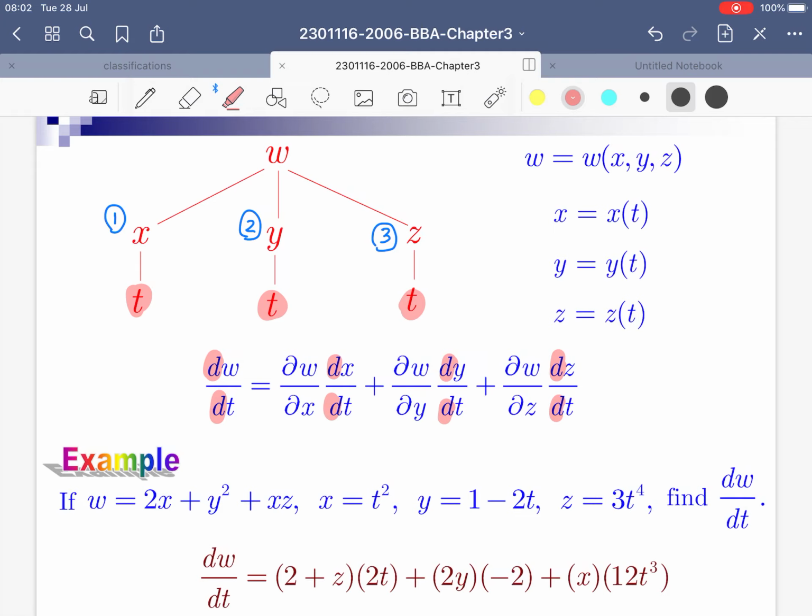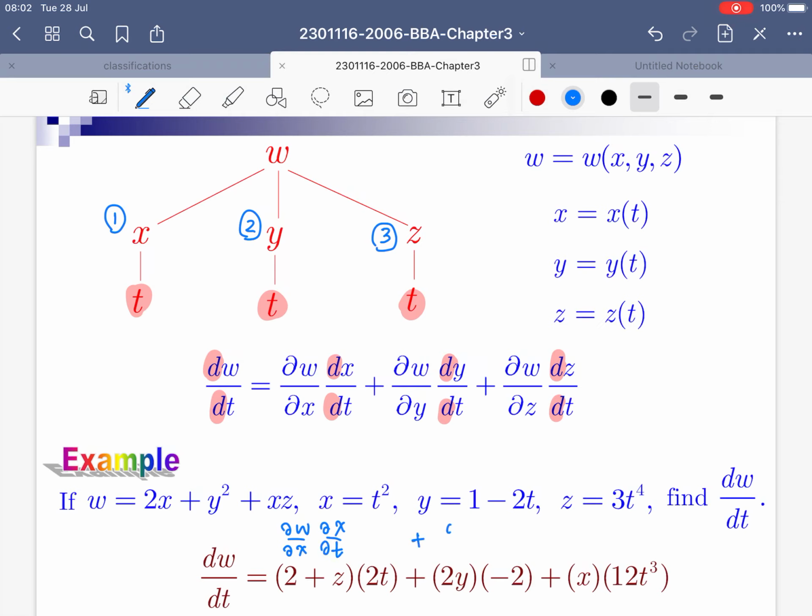So for example, if your W is 2x plus y squared and xz, your x is t squared, your y is 1 minus 2t, and your z equals 3t fourth. If you need to find dw by dt, okay, so the first one, you need to find the derivative of w with respect to x, and then dx by dt.